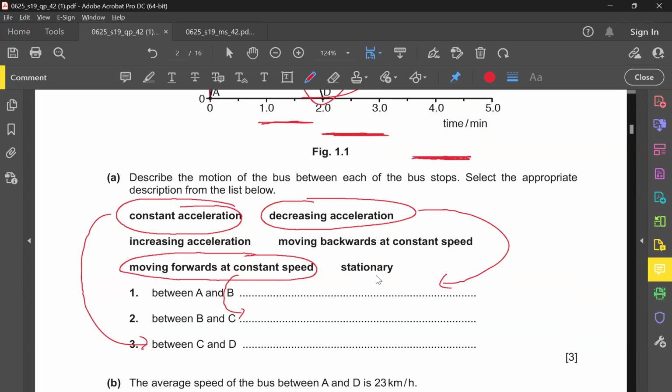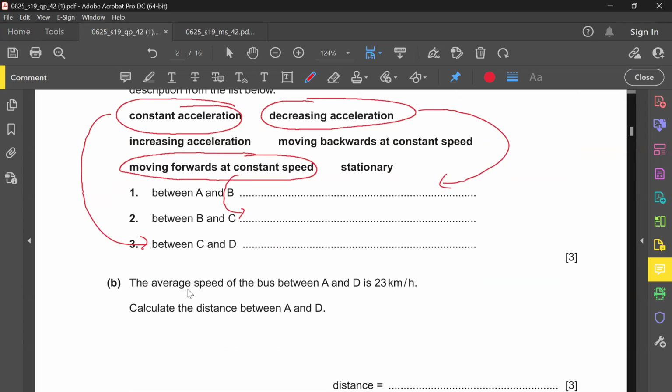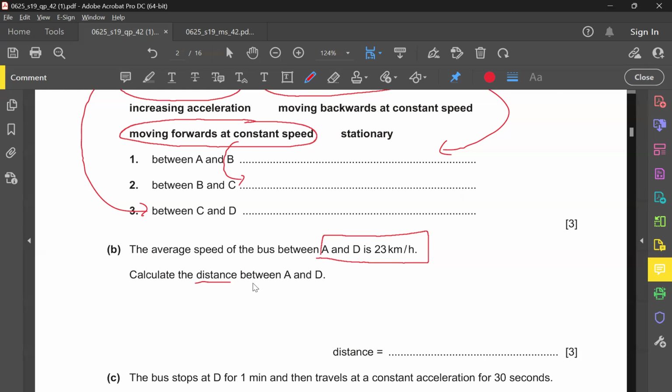Okay. Then after that, they ask you for the average speed of the bus between A to D, which is 33 kilometers per hour. They ask you to calculate distance. Guys, if you see the word average speed, the formula for average speed is total distance over total time, right? I'm basically looking for the total distance.